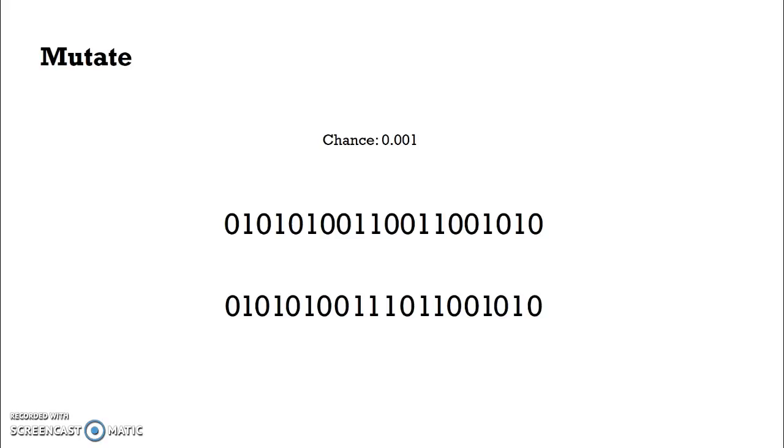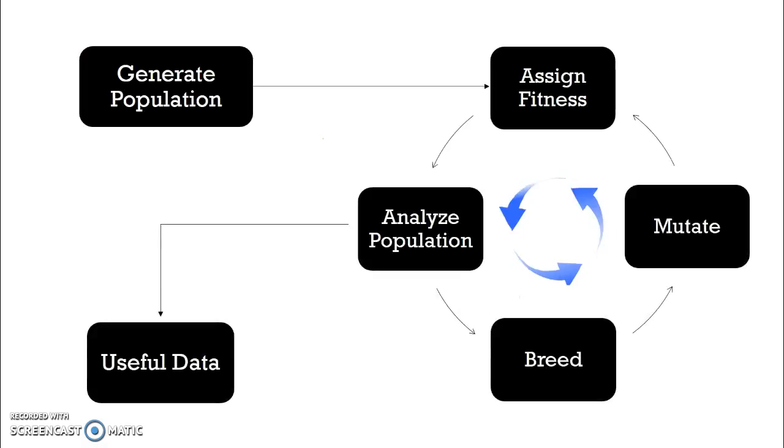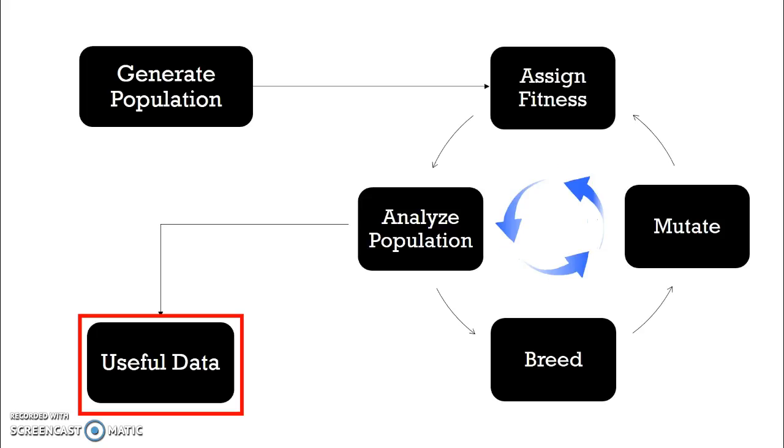So this is a low chance, so it does not impact too drastically on the searching for optimization, but it still has an effect in case the original population does not account for everything. Now this cycle continues, all while outputting your useful data to use.